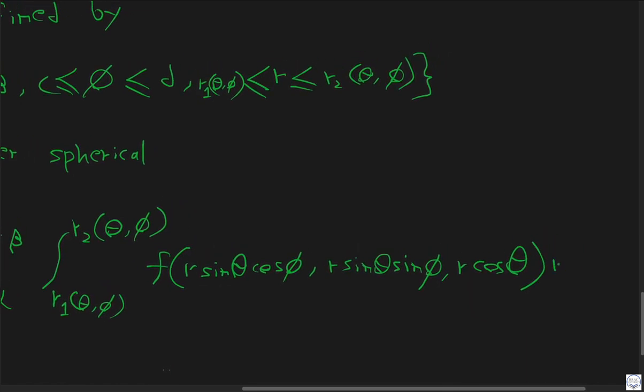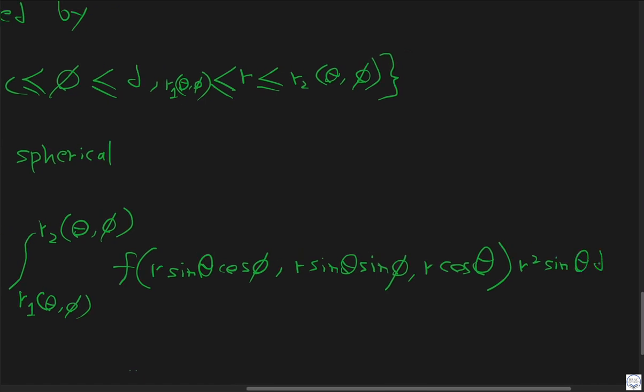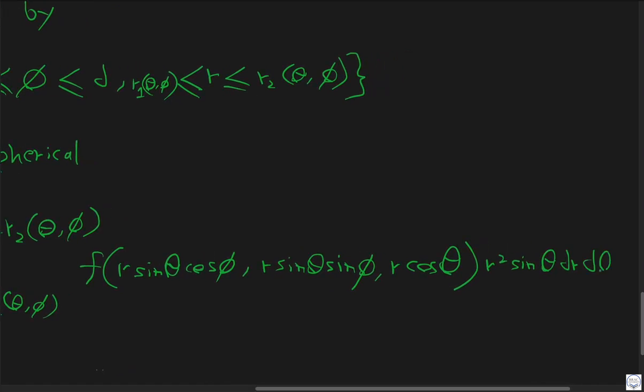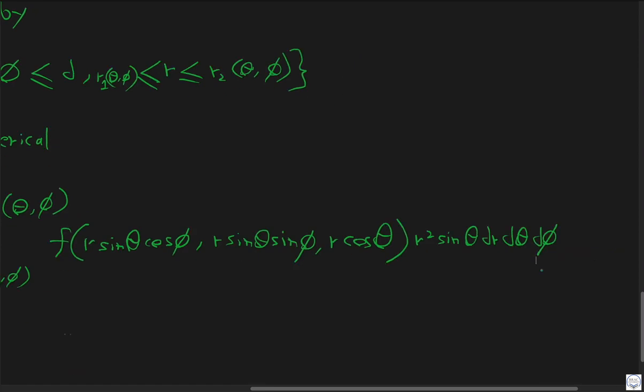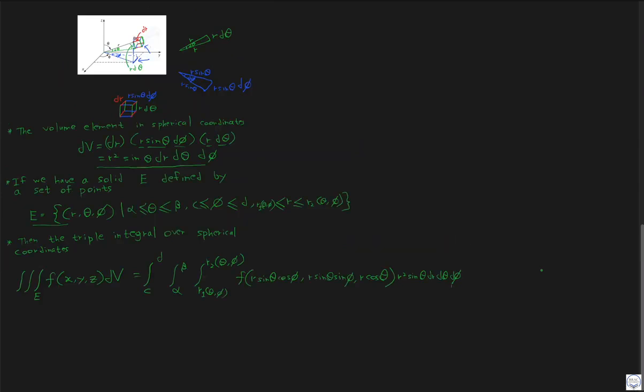The volume element is r squared sine theta dr d theta times d phi. So this is how we will do a triple integral from Cartesian coordinates to spherical coordinates.